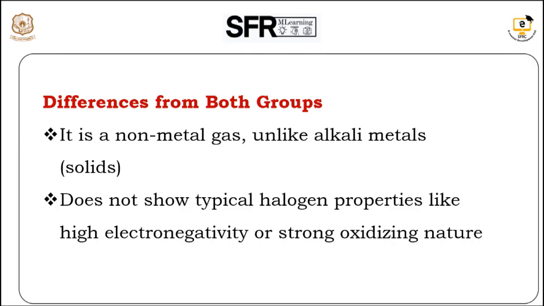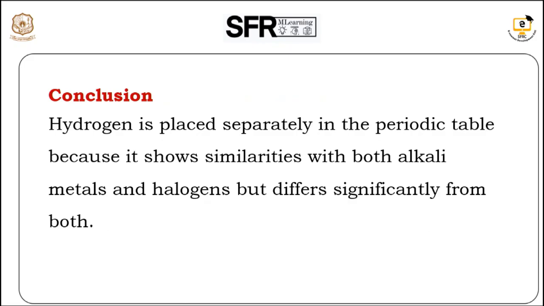From top to bottom, the electronegativity decreases. Halogen molecules act as strong oxidizing agents with high electronegativity, but the hydrogen atom does not have high electronegativity. That is the difference.